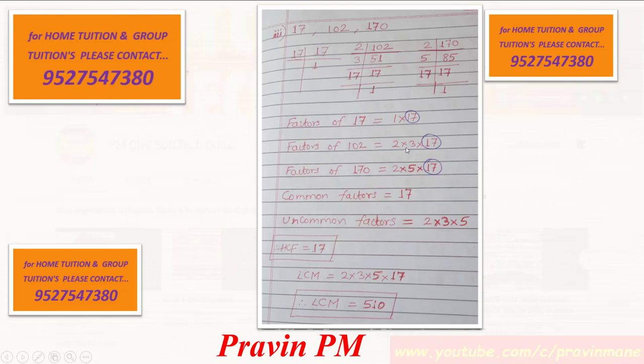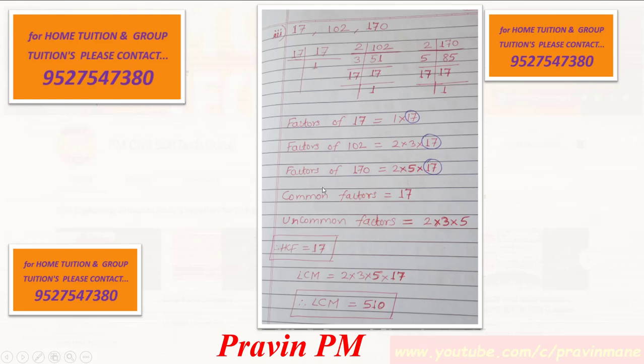Common factor 17. Uncommon factors 2, 3 and 5. 2 comes one time in the factors of 102 and one time in the factors of 170, so I am taking it here only once.